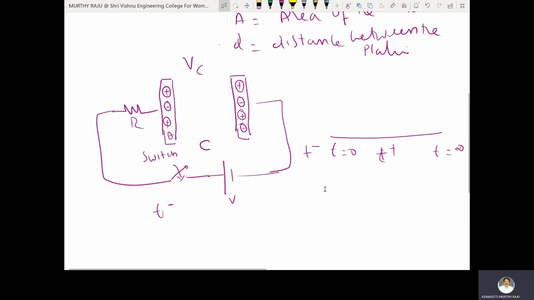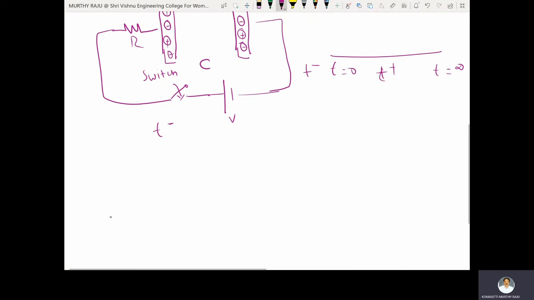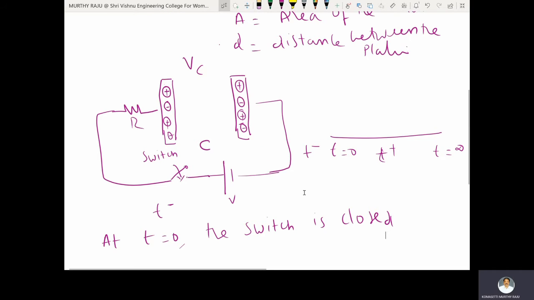Now at t equal to 0, the switch is closed. Initially, there is no voltage across this capacitor. Before that, at t minus, before closing the switch, Vc is equal to 0.